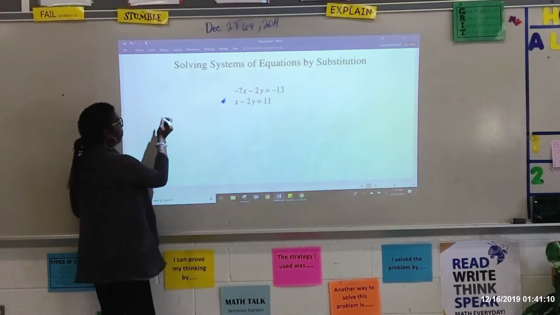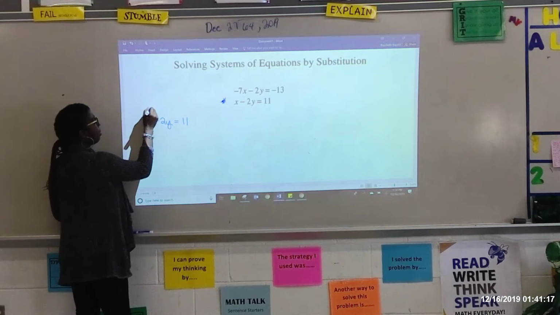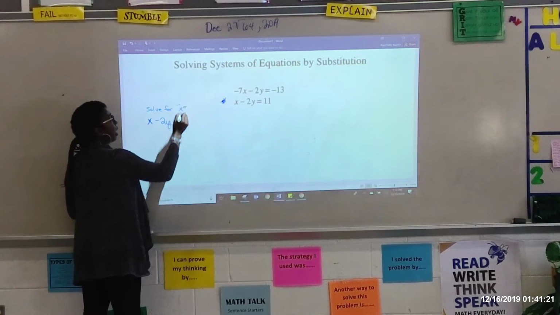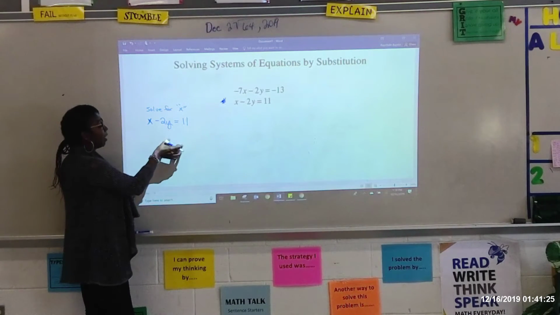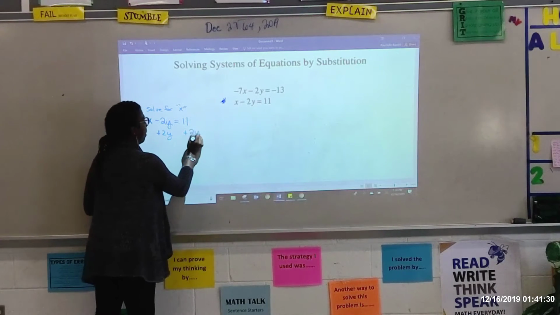So let's do so. x minus 2y equals 11. And I'm going to solve for x. Now, if I want to solve for x, the inverse is to add 2y.